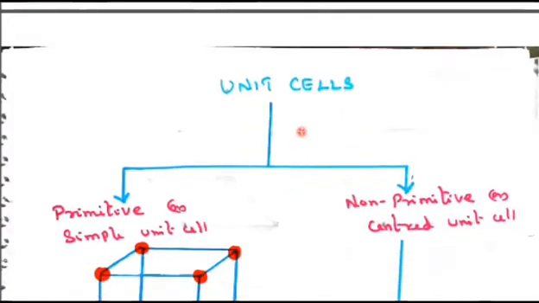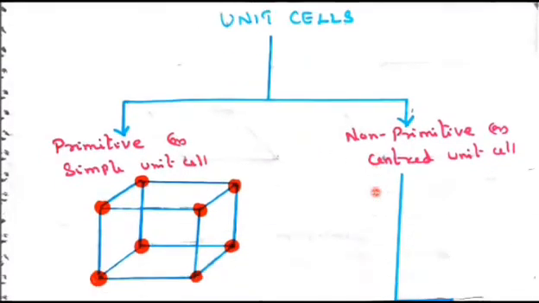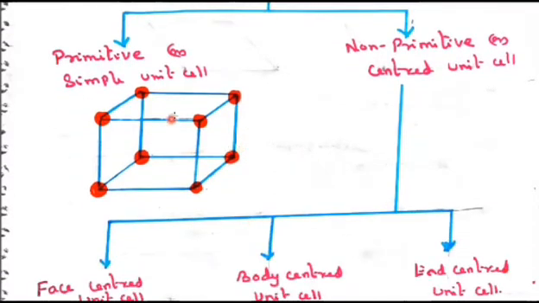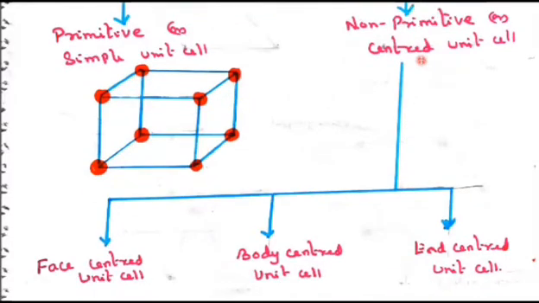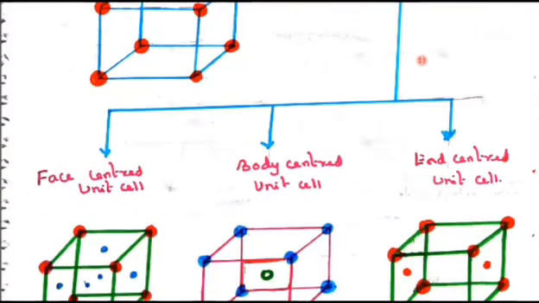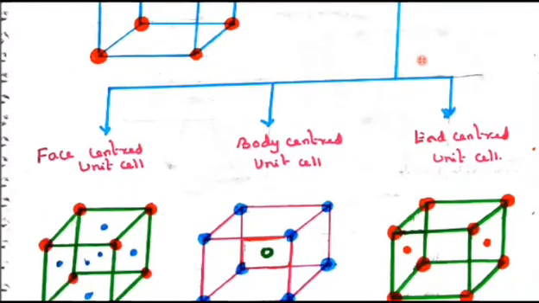Let us see the diagram of the primitive or simple unit cell and the non-primitive or centered unit cell. First, the simple unit cell: first corner, second, third, fourth, fifth, sixth, seventh, eighth corner. There are 8 corners in the cube, and all 8 corners of the unit cell contain atoms.